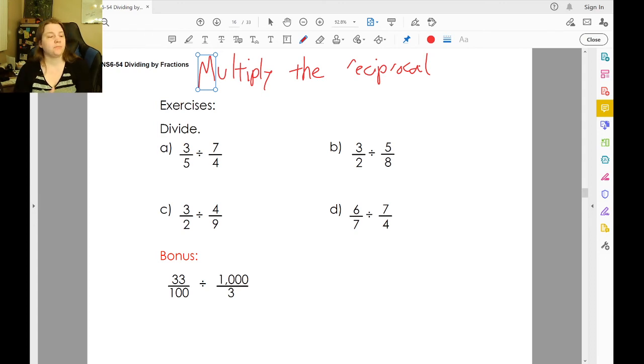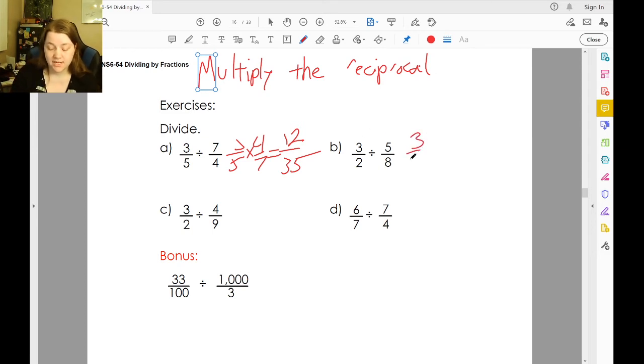Welcome back. So, 3/5 divided by 7/4 becomes 3/5 times 4/7. 3 times 4 is 12. 5 times 7 is 35. 3/2 divided by 5/8. The 3/2, that first number stays the same. Change the division to multiplication.